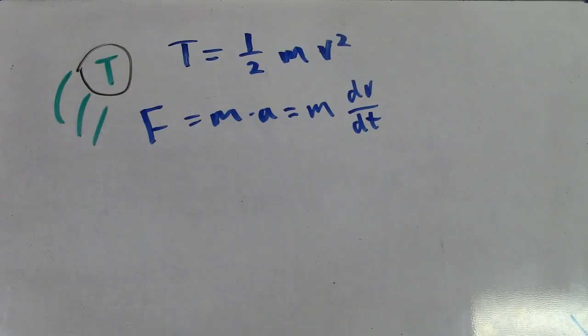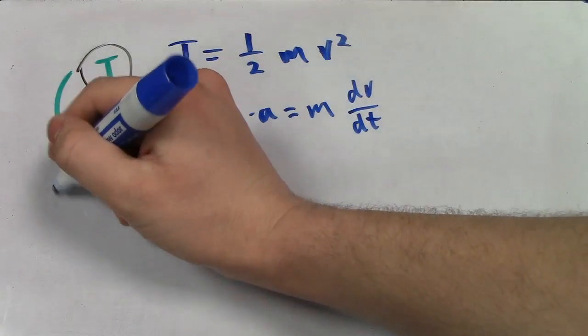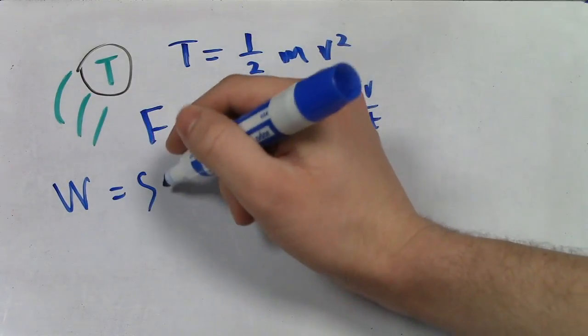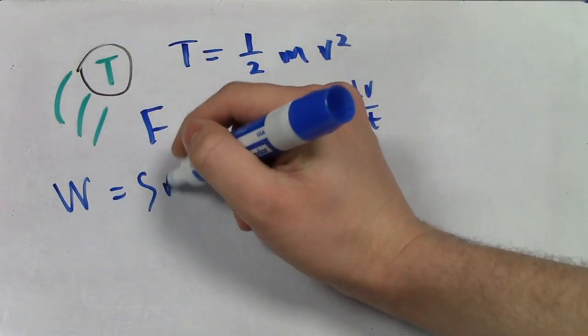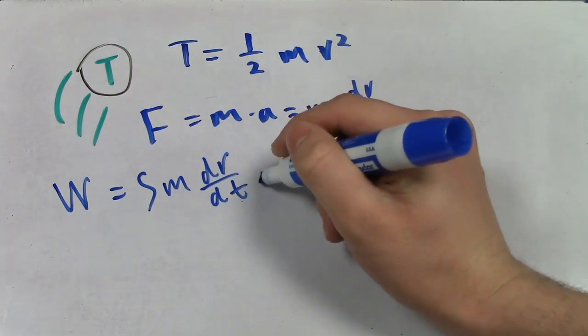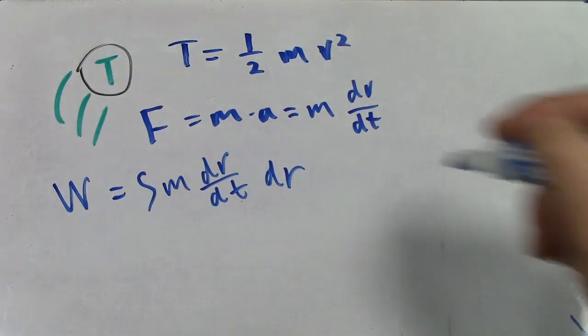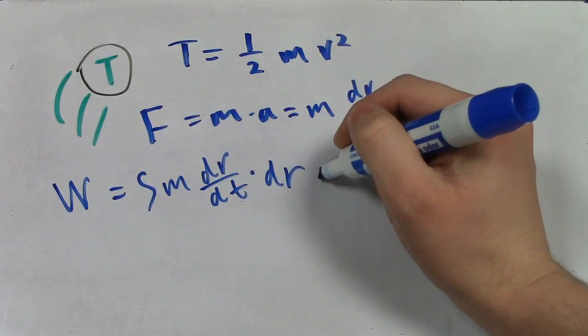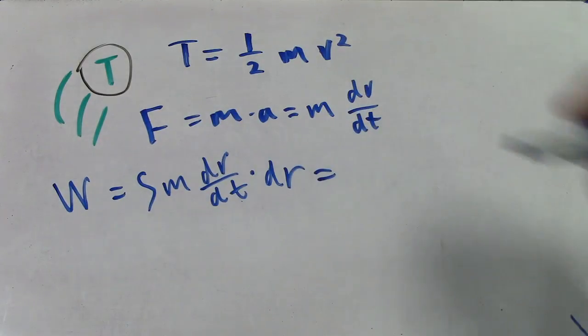Note that this is what acceleration is, the change in velocity with respect to time. Nevertheless, we take our force equation and plug it into our differential work equation. This gives us the work is equal to the integral of mass times the instantaneous change in position times the instantaneous change in velocity divided by the instantaneous change in time.